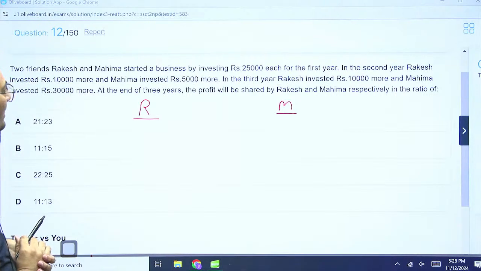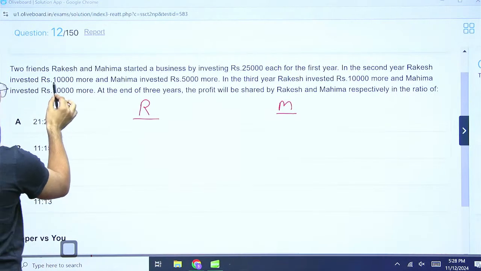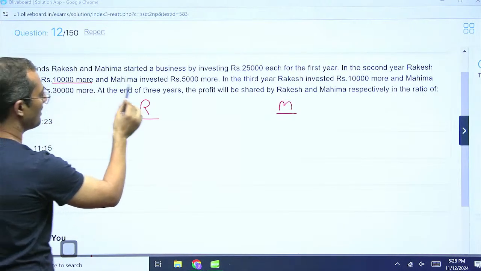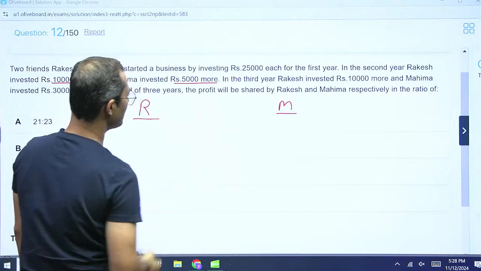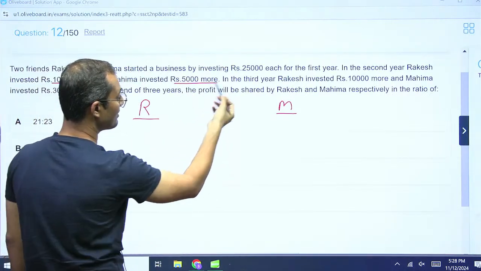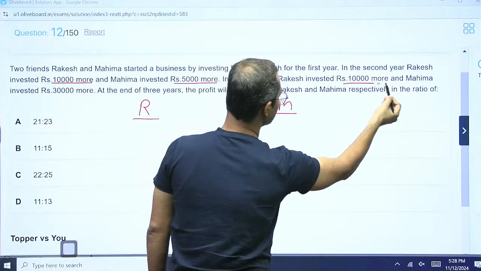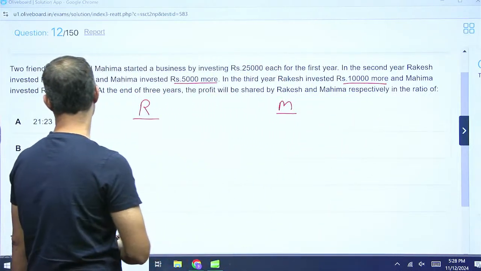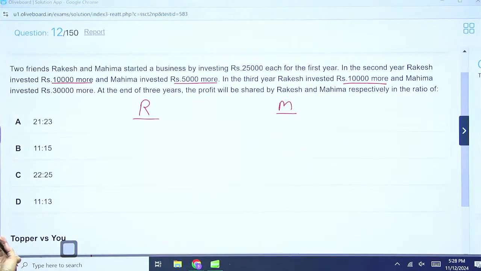In the second year, Rakesh invested 10,000 rupees more and Mahima invested 5,000 rupees more, right? Then in the third year, Rakesh invested 10,000 more and Mahima invested 30,000 more, right?